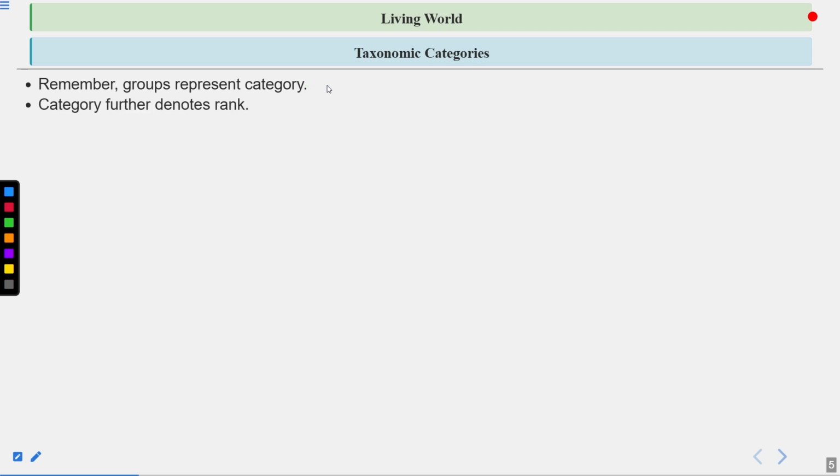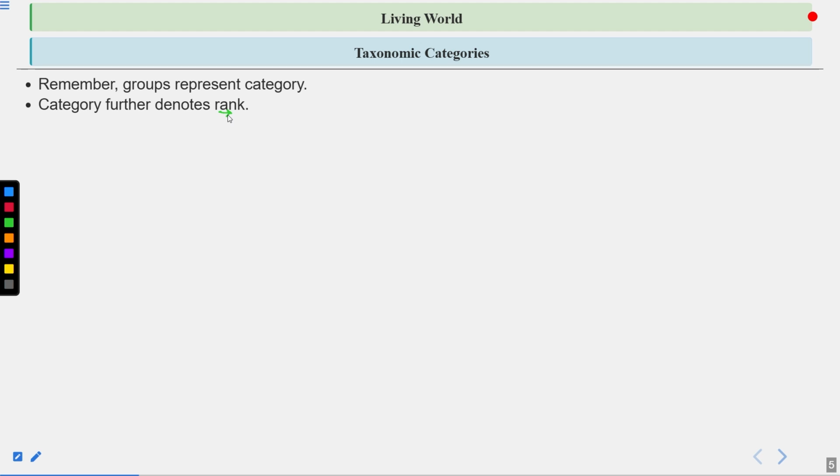Now category further denotes rank. So these categories denote a particular level or a rank. In hierarchical system, there are different levels, there are different ranks. So this hierarchy exists everywhere, in nature also.